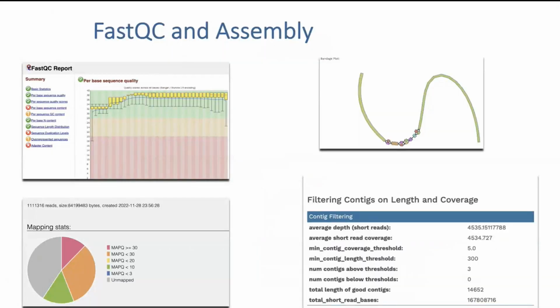Let's start with FastQC and assembly. For anyone who's done next-gen sequencing, you know that FastQC is a really great way to get some quality control information on your next-gen sequencing run. It'll give you an idea of how good your run was.